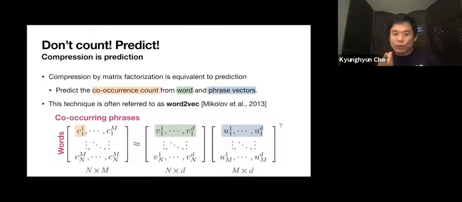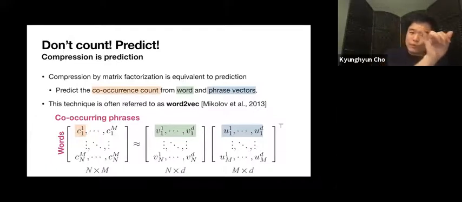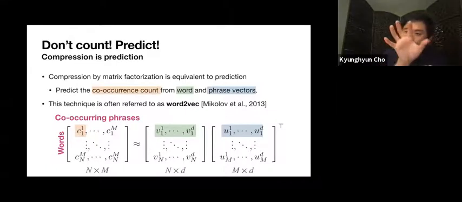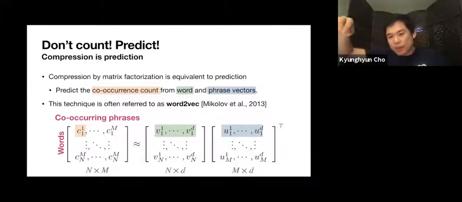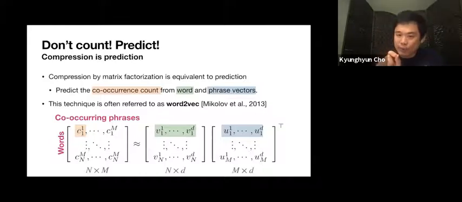That is, what we want is to make sure that the word vector and the phrase vector, when we compute the dot product of them, is as similar as possible to, or is predictive of, the co-occurrence count of that particular word and that particular co-occurring phrase.